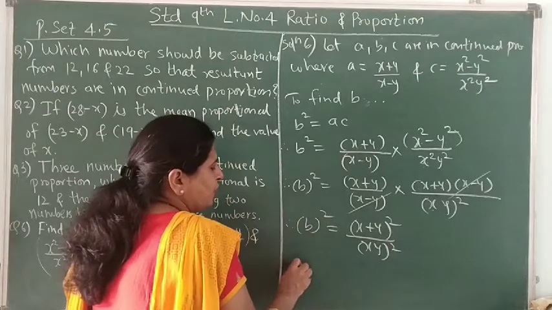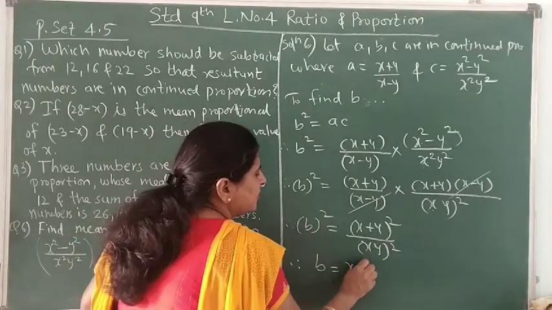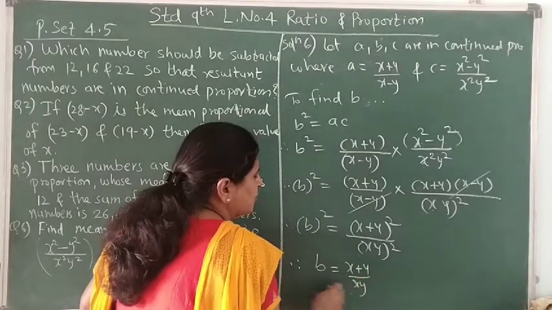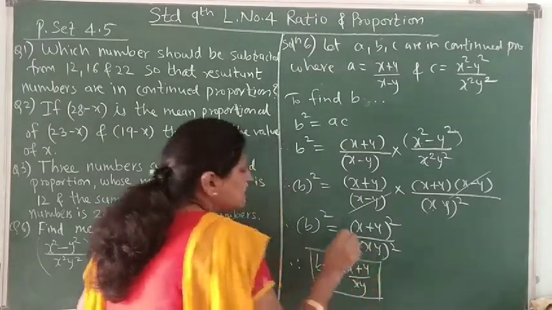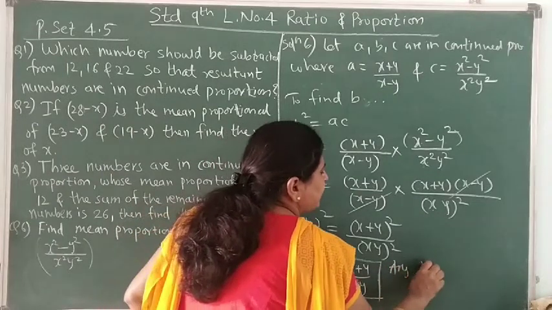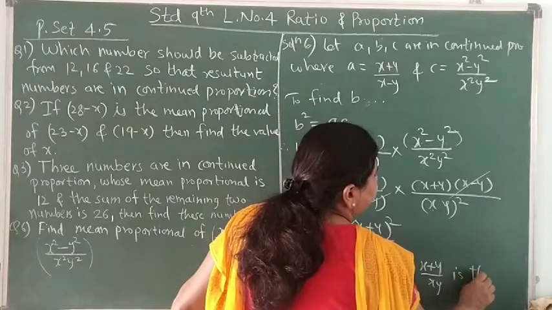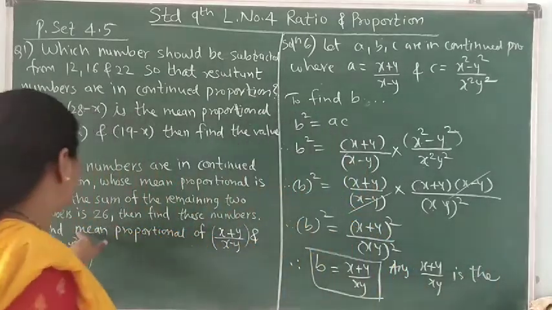Now taking square roots on both sides, we get b is equal to x plus y upon xy. So this is b. It means your answer is x plus y upon xy.